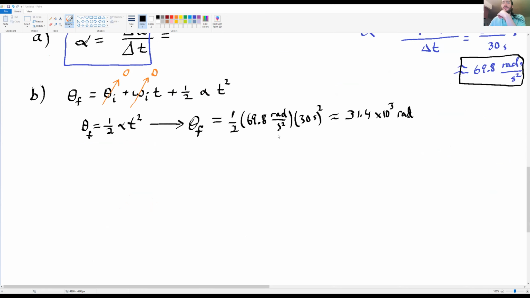That is not going to be your answer for part B though, because that is in units of radians. I want to then convert that answer to revolutions, right?